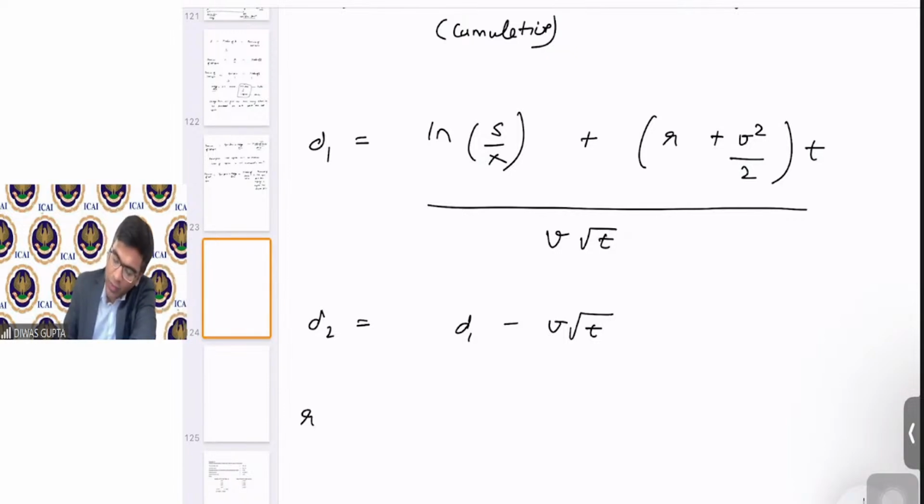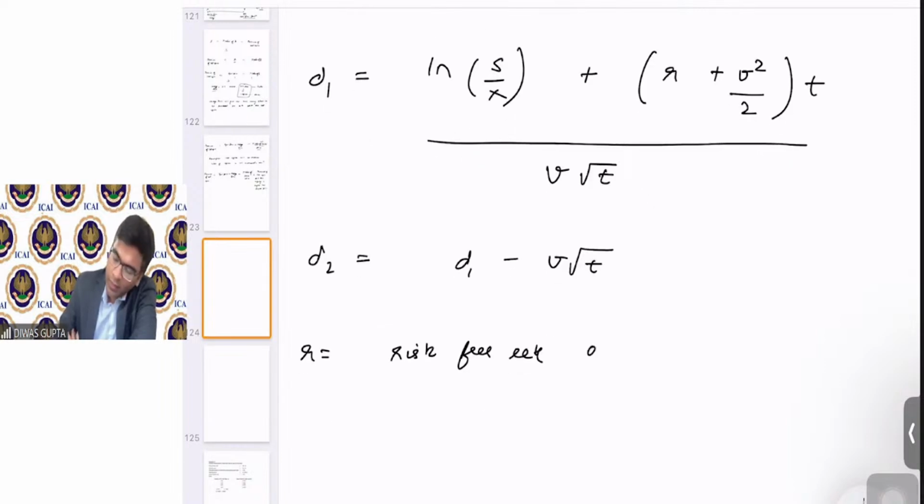Here R is equal to the risk free rate of return. T is equal to time to expiry.